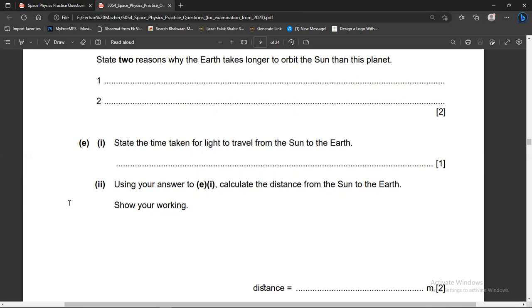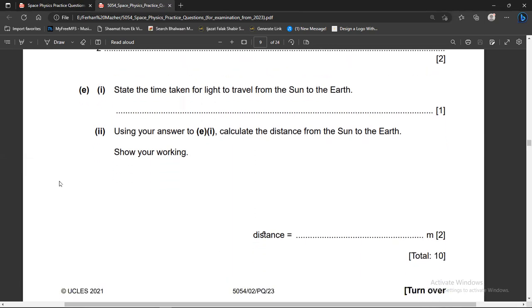Then he says, using your answer to E first part, calculate the distance from the sun to the earth, showing your working. We know the speed of light in a vacuum, that is 3 × 10^8 meters per second, and we know the light takes 500 seconds to go from the sun to the earth.